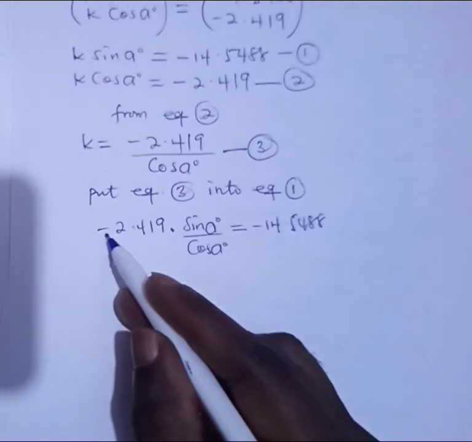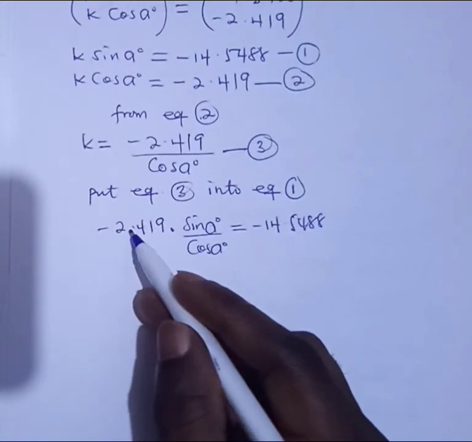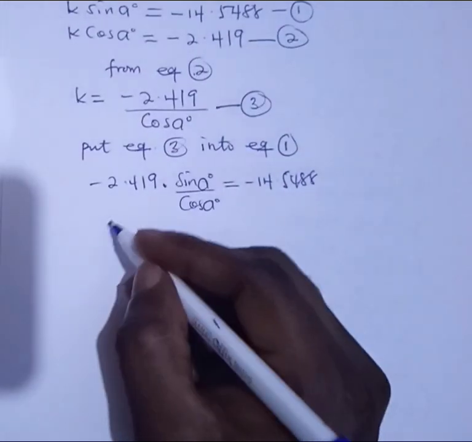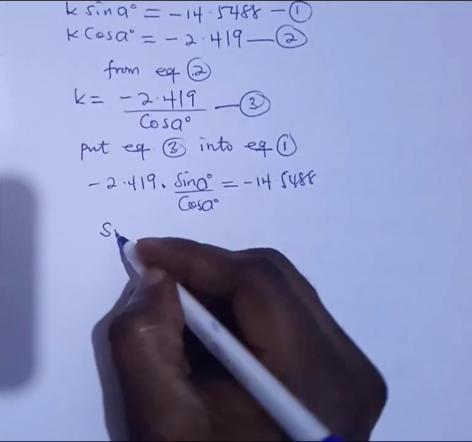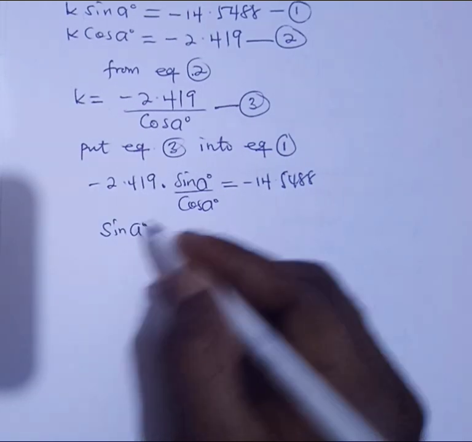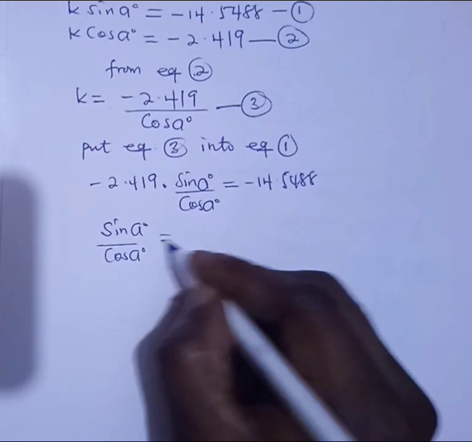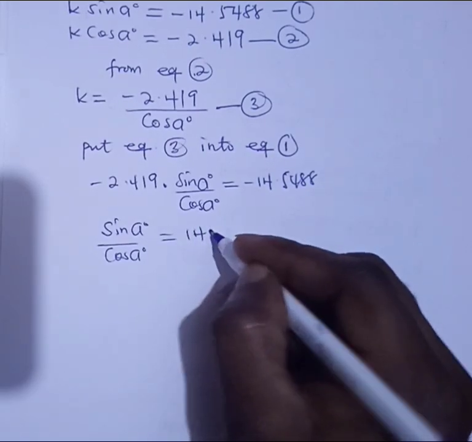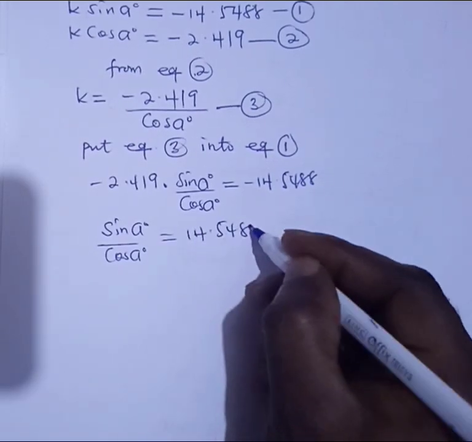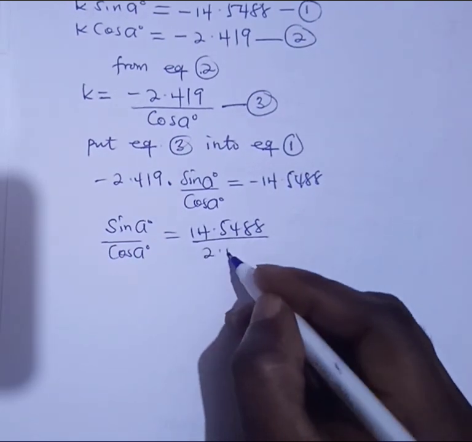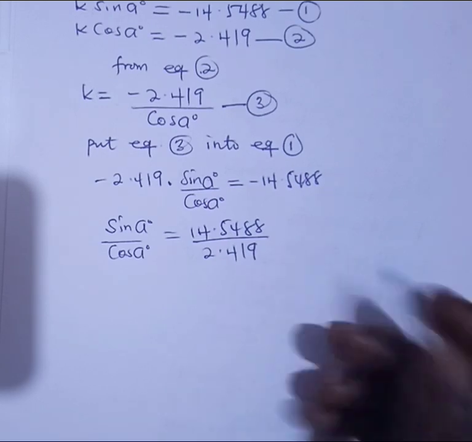Good. So we can divide both sides by negative 2.419. So we can write this as sine a degrees divided by cos a degrees, which is equal to 14.5488 all divided by 2.419.